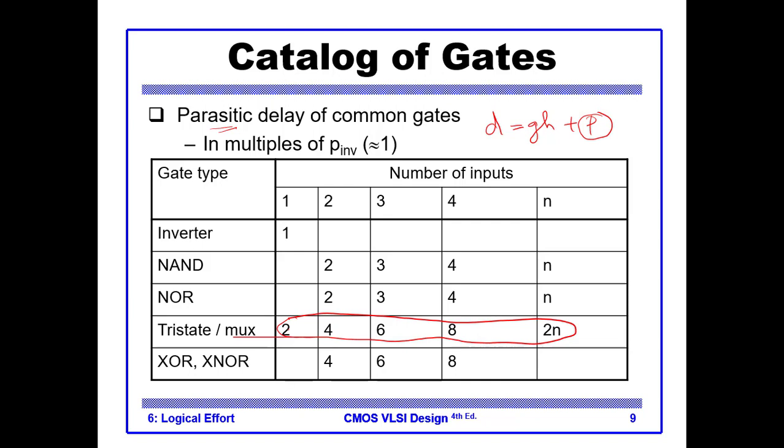So the logical effort was constant, but the parasitic delay is a parameter that depends on the number of inputs. You can practice with some of the gates if you want to better understand the parasitic delay and logical effort. For example, you can draw a 4-bit XOR gate and calculate the logical effort and the parasitic delay.